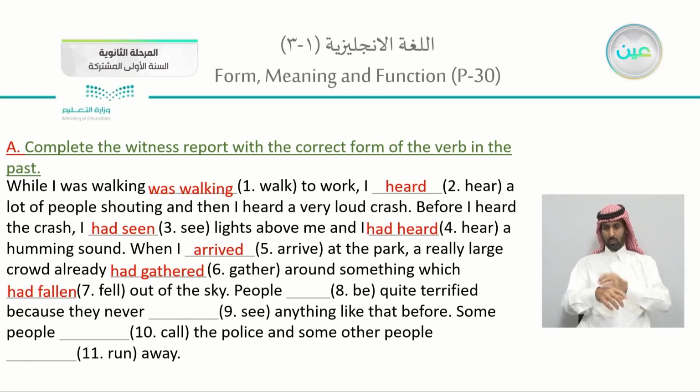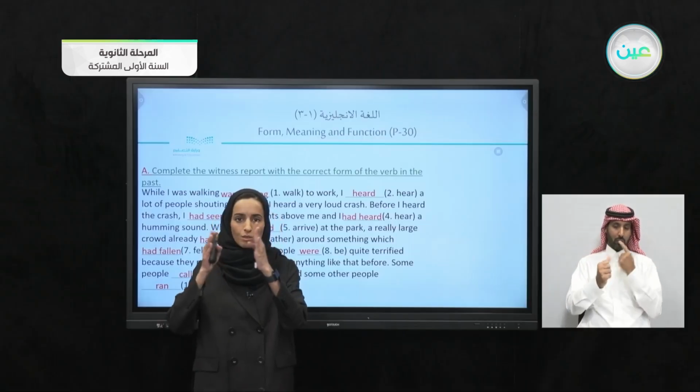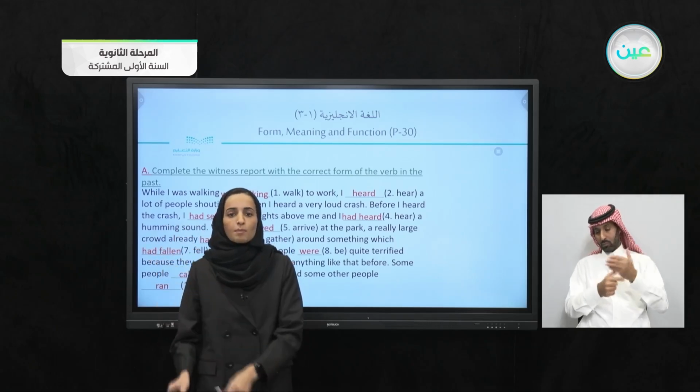People were quite terrified because they had never seen anything like that before. Some people called the police and some other people ran away. So notice the order of the events, which one is the past and which one happened before the past, the past perfect.